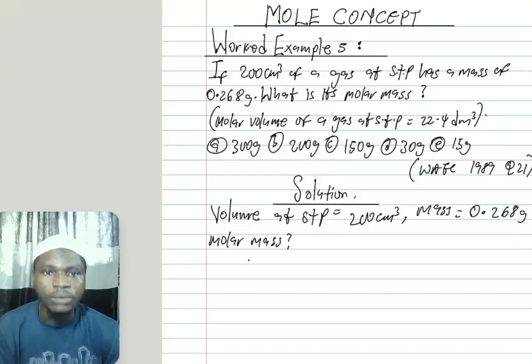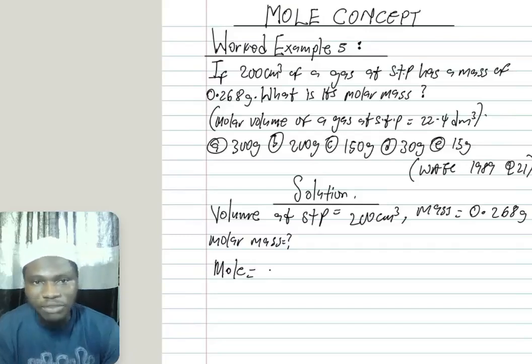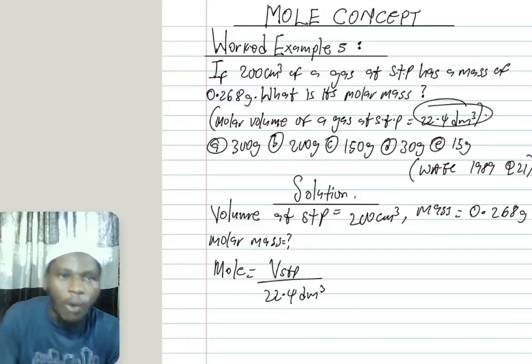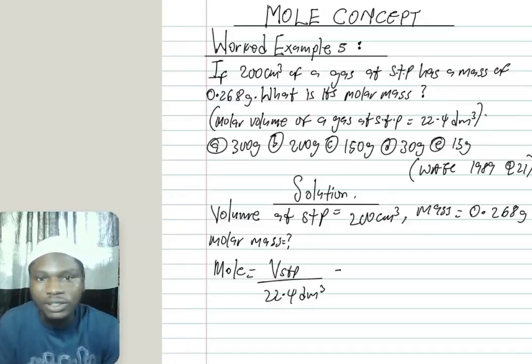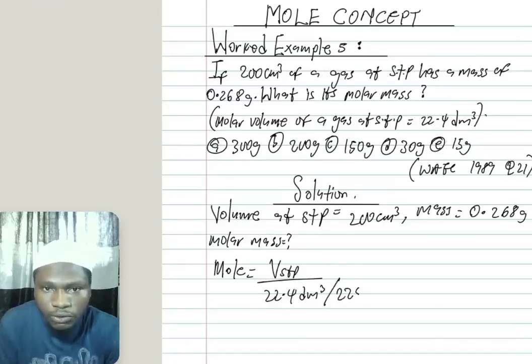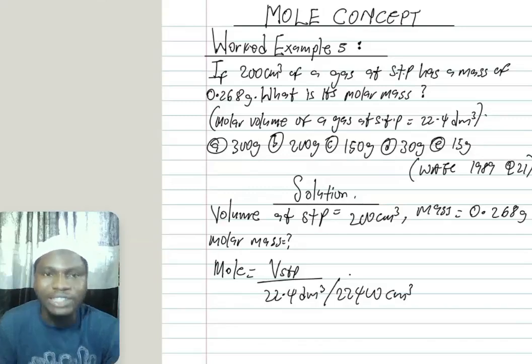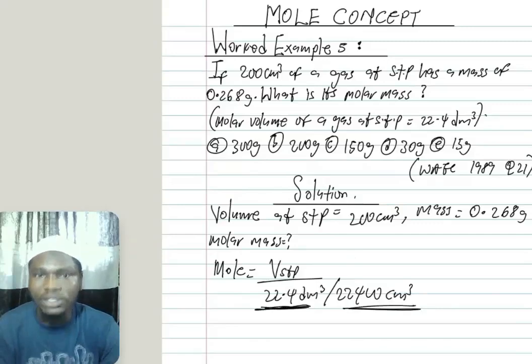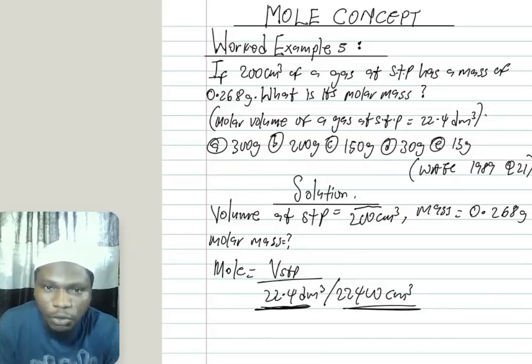Okay, we all know something, that whenever we are given the volume at STP, the formula can either be volume at STP over 22.4 dm cubed, just as we have the dm cubed here, or we use 22400 cm cubed. Now who can detect? Is it this first one we are using in this formula or this? Now, look at the volume you were given.